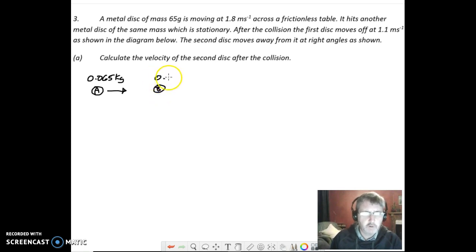So it's also 0.065 kgs, but the first one is moving at 1.8 meters per second, and this one is 0 meters per second, right? So this is before.